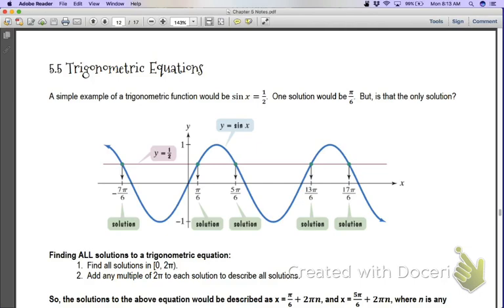Same way with the sine function and your graph, you have multiple spots where it fills a certain value. Depending on what period we're looking at, we find our various solutions.